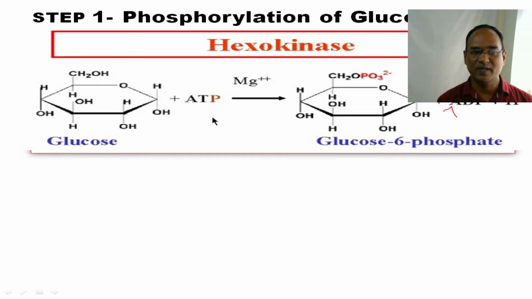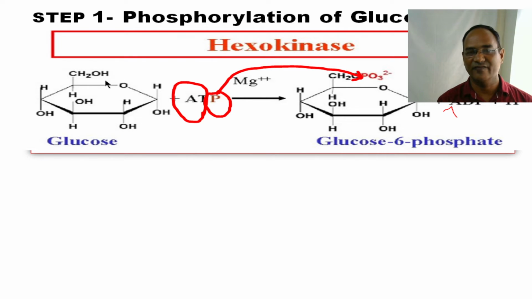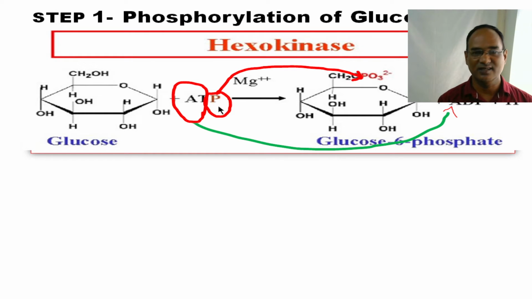Here one phosphate can be attached to the sixth carbon. If it is attached here, it is called glucose 6-phosphate. The adenosine triphosphate releases one phosphate and makes it glucose 6-phosphate.